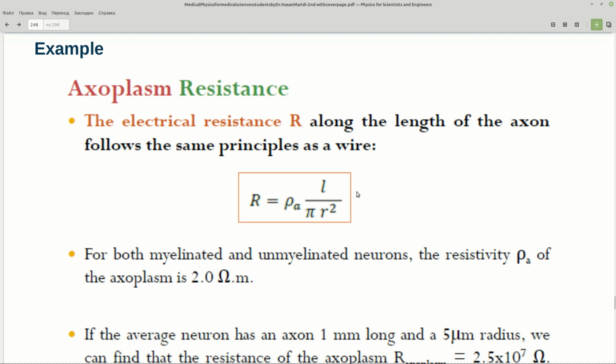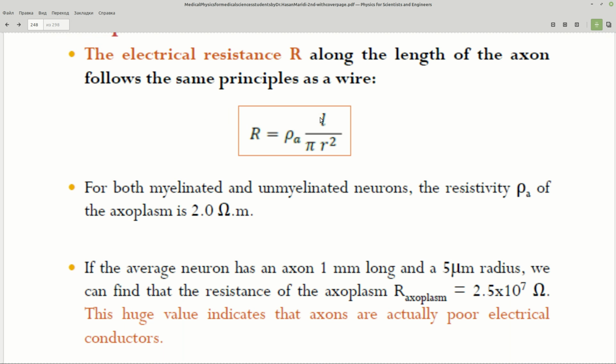So the equivalent resistance of this part of the circuit, where you have a series combination of resistors, will be the sum of the resistances: R1 plus R2 plus R3, and so on, for however many are in this part of the circuit.